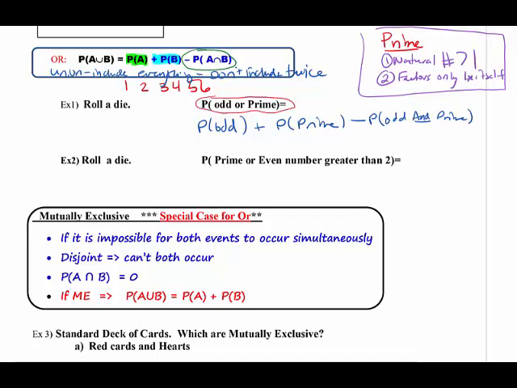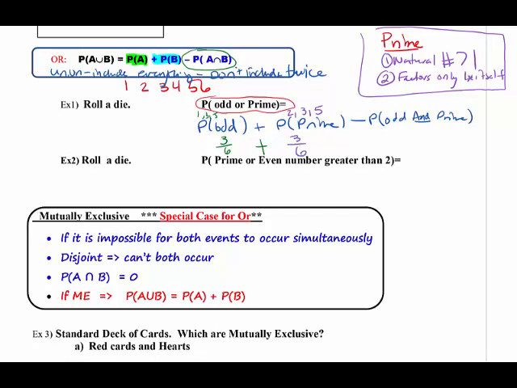So when I talk about odd numbers we would have thought of 1, 3, and 5. So again, there are 6 choices here. 3 out of 6 are odd. Prime numbers will be anything that I can only do 1 times itself, greater than 1. So that would be 2, 3, and 5. So that would be 3 out of 6.